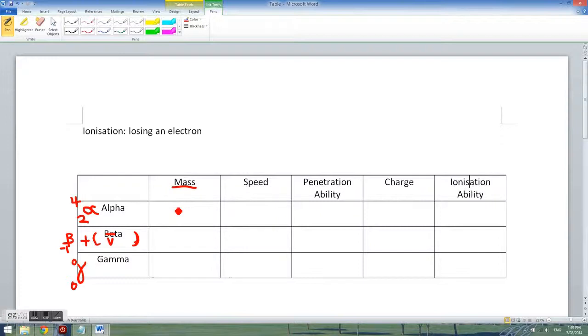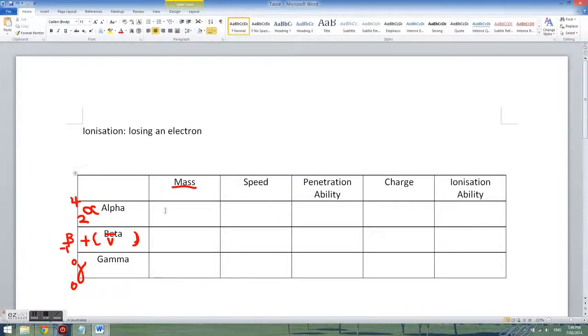Compared with the others, it's relatively heavy. Let me write it down. This is relatively heavy. They're not heavy compared with an apple, but it's heavy compared with the beta particle and gamma rays.